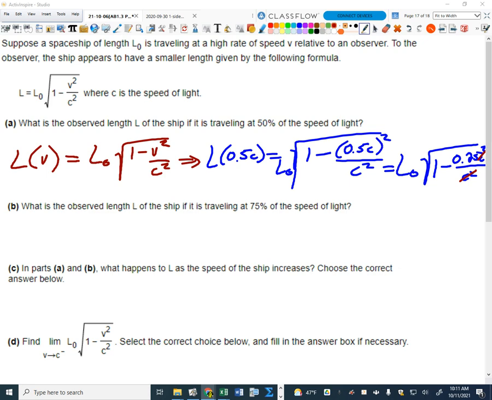Okay, c, we're going to set c to 300 million, so 300.